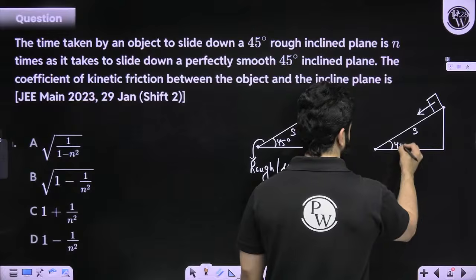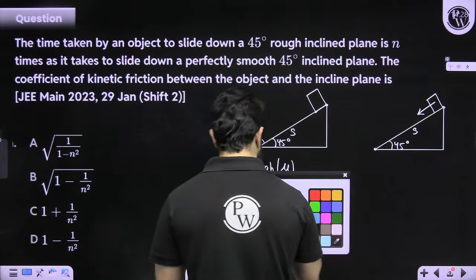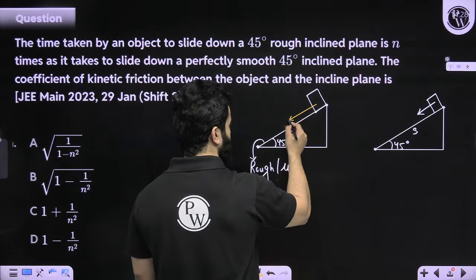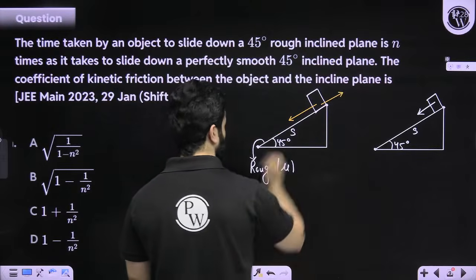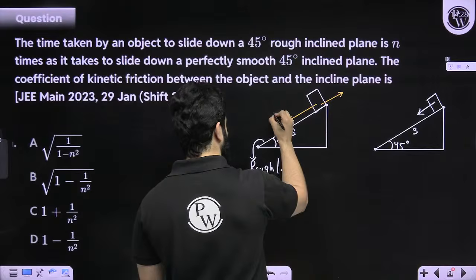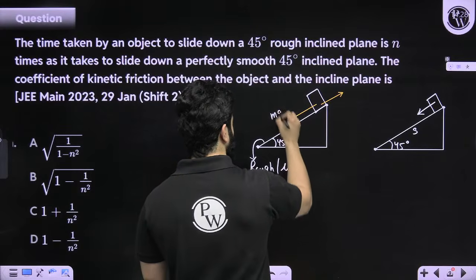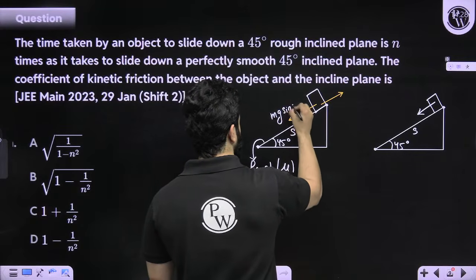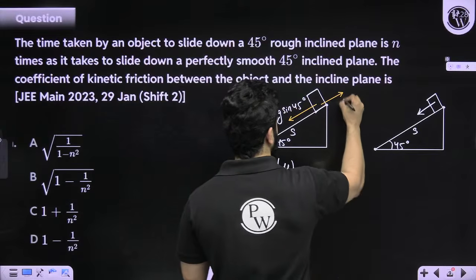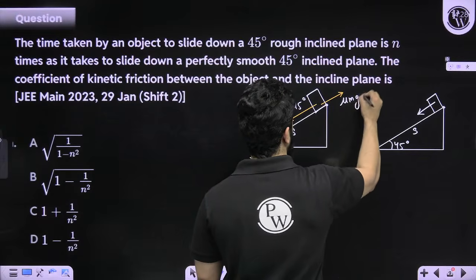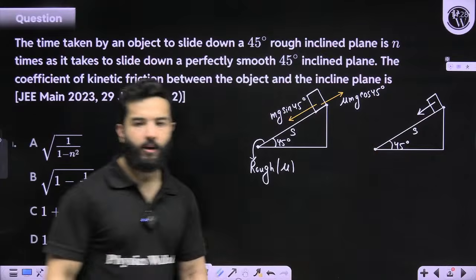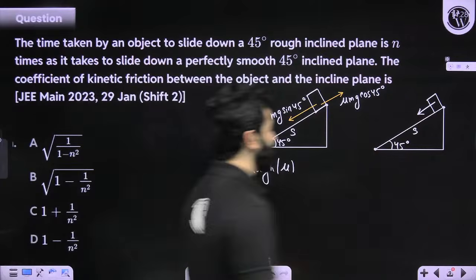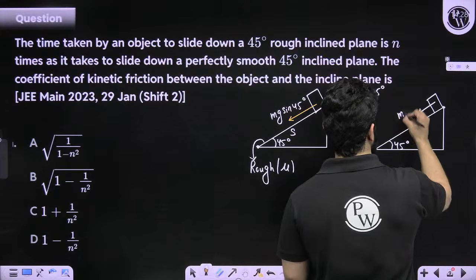No problem. Let's quickly draw the forces. This is going to be mg sin 45. This is going to be mu mg cos 45. Got it? So if I talk about acceleration, let me write it as mg sin 45, and this is going to be mu mg cos 45. Next, this is simply mg sin 45.